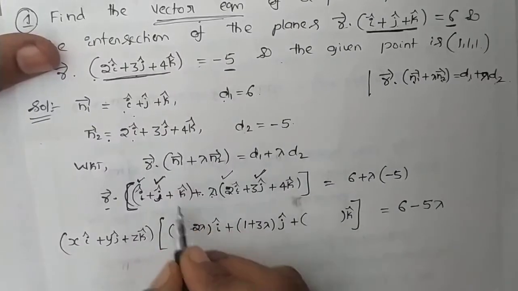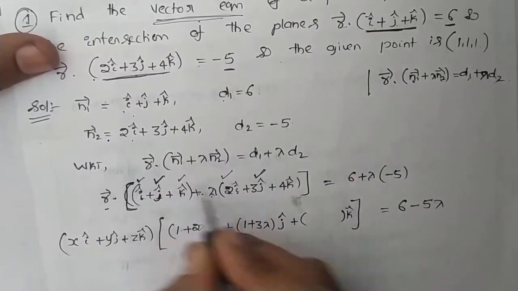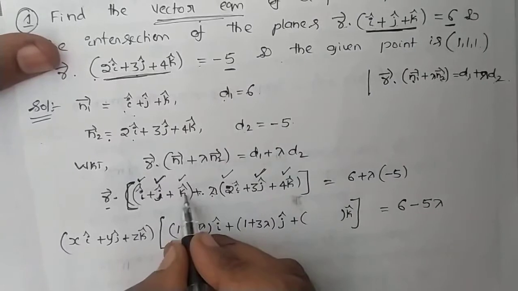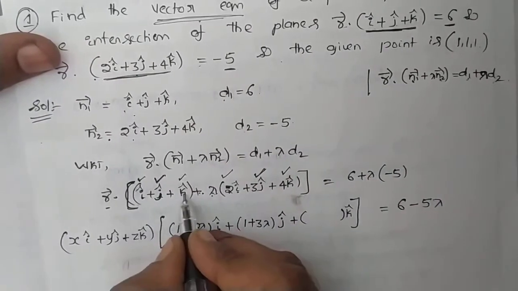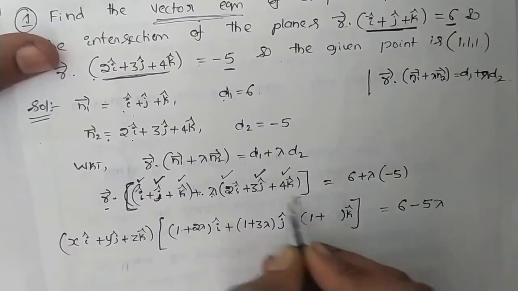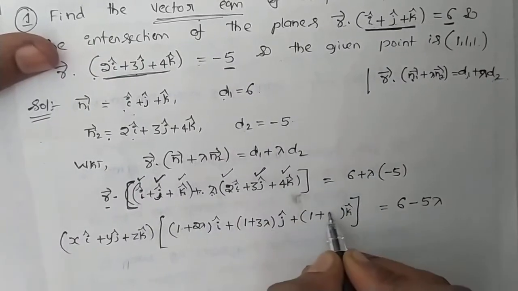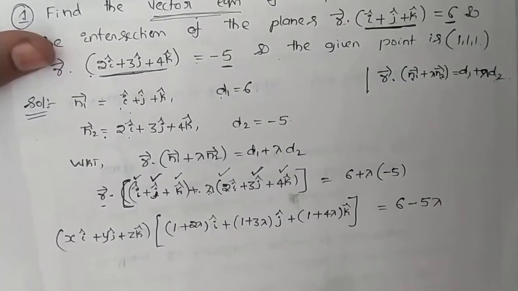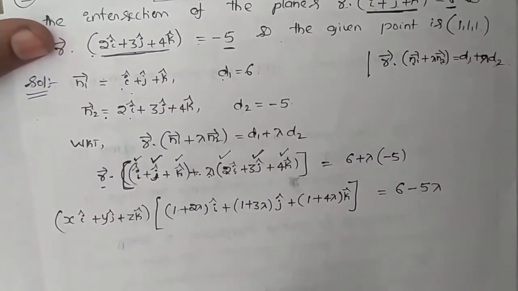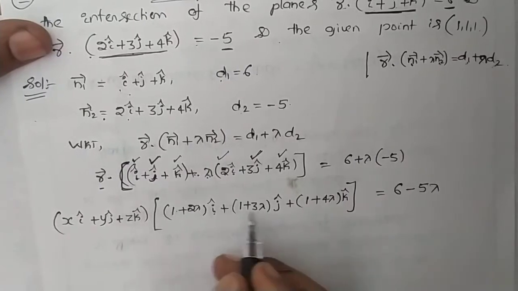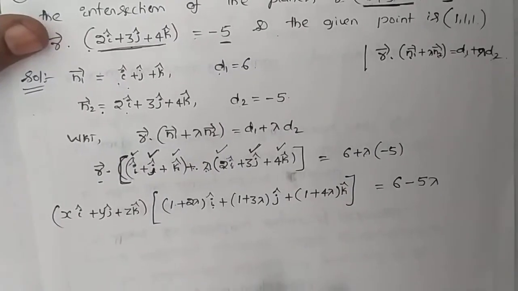Next, for k cap, the component of k will be 1 plus 4 lambda. It is just a simplification part, kindly do not get confused. I am just separating the i, j, k components.